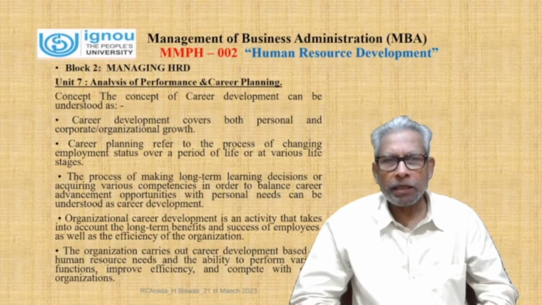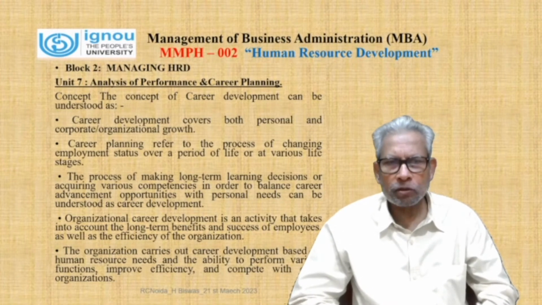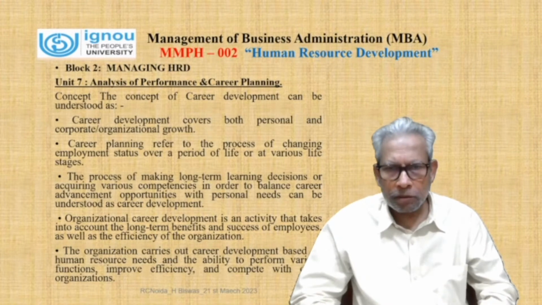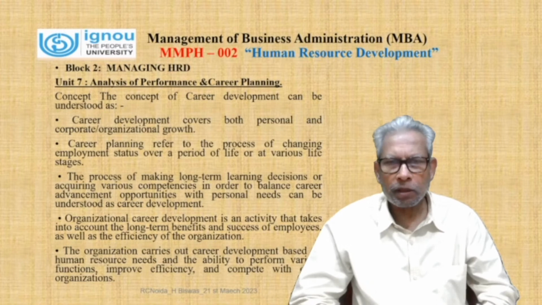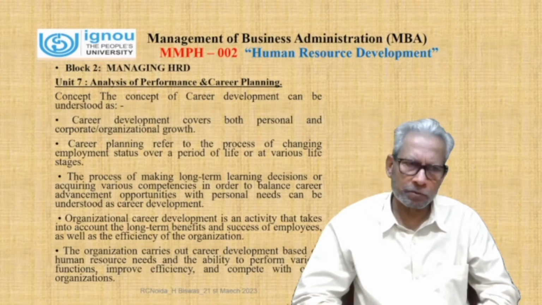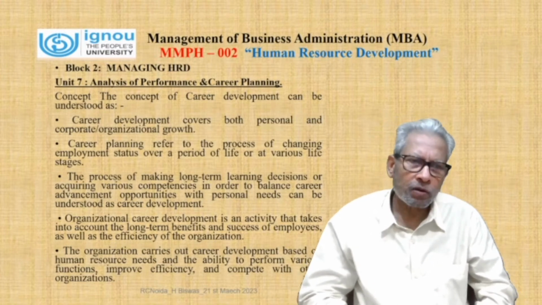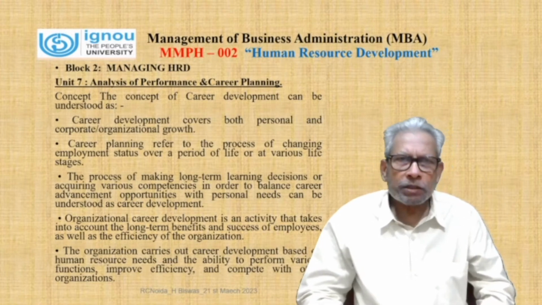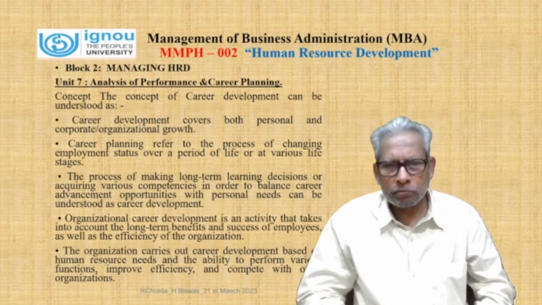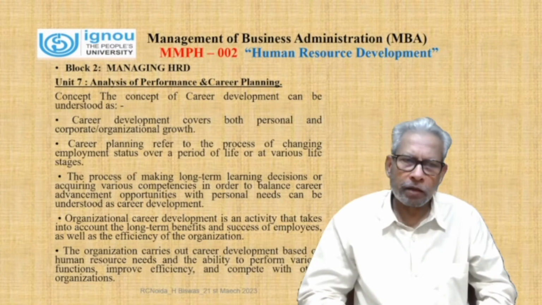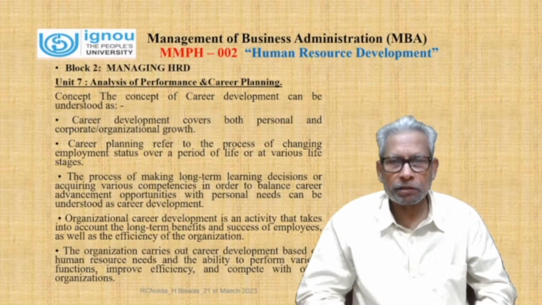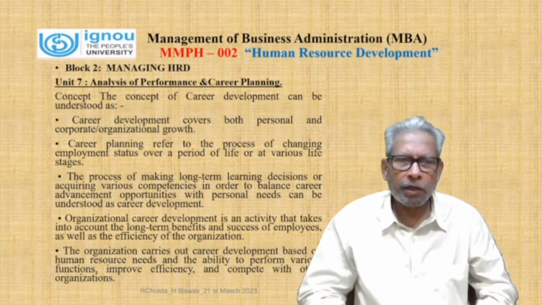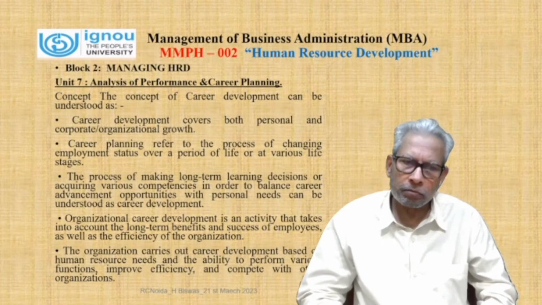Number two is career planning. It refers to the process of changing the employment status over a period of life, or various life stages. This process of making long-term learning decisions or acquiring various competencies, in order to balance career achievement and advancement opportunities with personal needs, can be understood as career development.